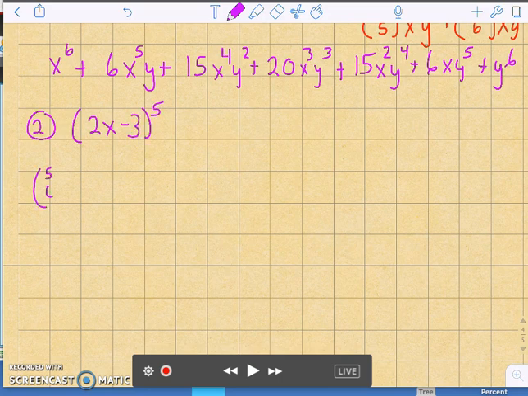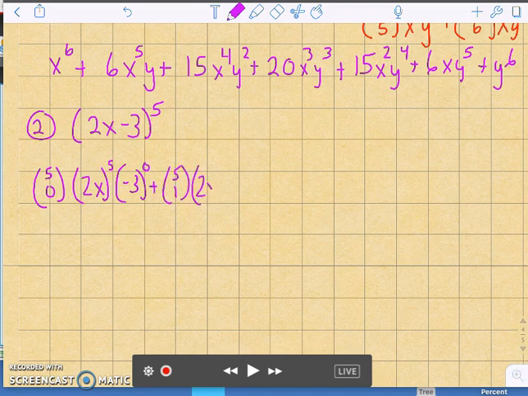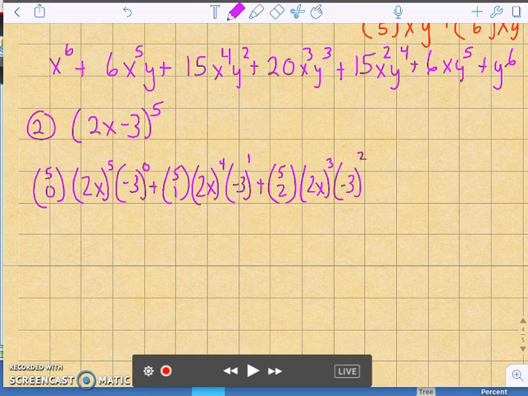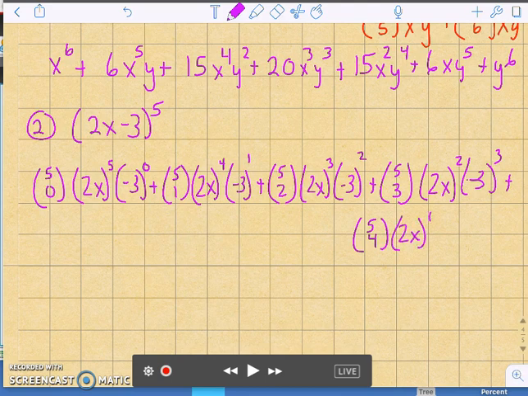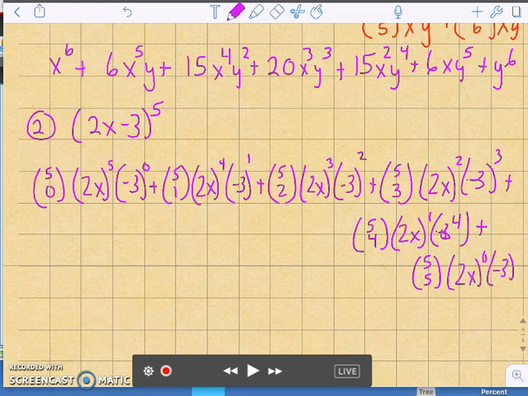So 5c0, 2x to the 5th, negative 3 to the 0, plus 5c1, 2x to the 4th, negative 3 to the 1st, 5c2, 2x to the 3rd, negative 3 squared, plus 5c3, 2x squared, negative 3 cubed, plus 5c4, 2x to the first, negative 3 to the fourth, plus, wow, I really ran out of room, 5c5, 2x to the 0, negative 3 to the fifth.